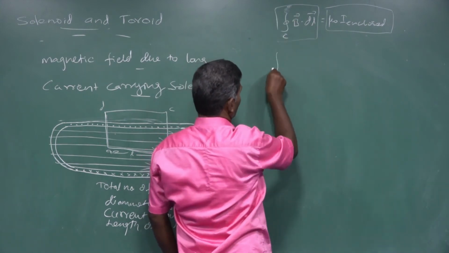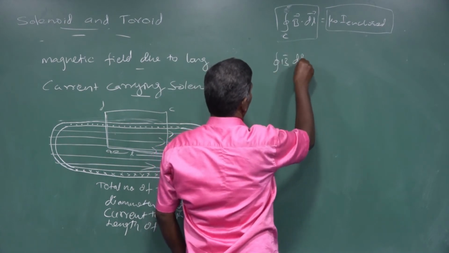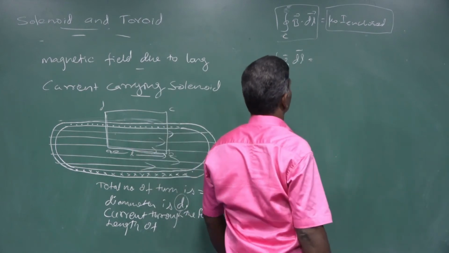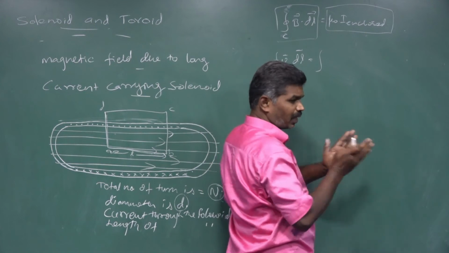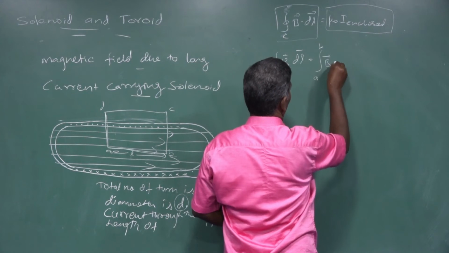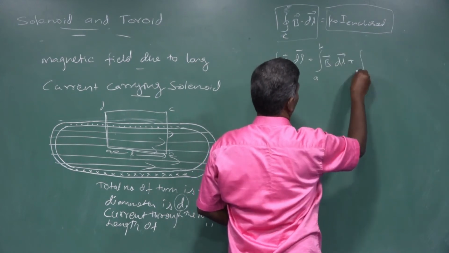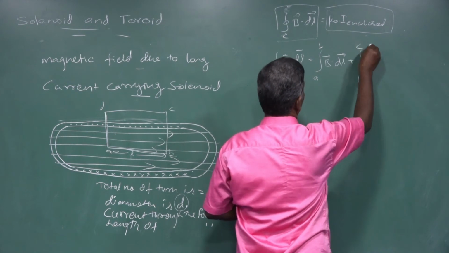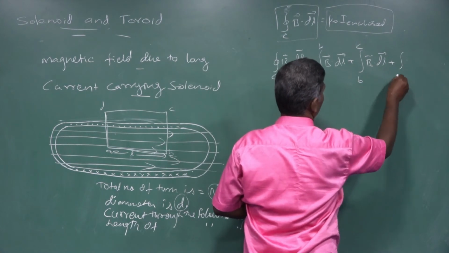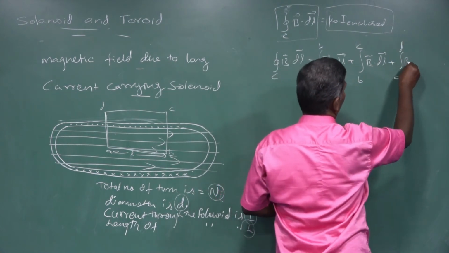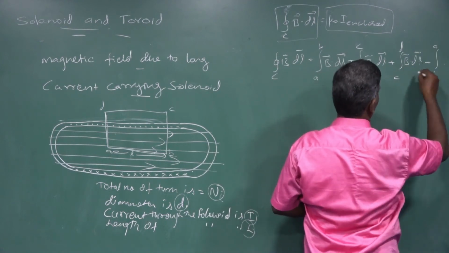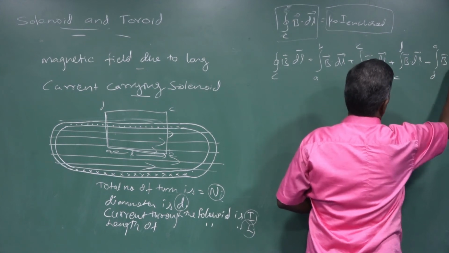The closed integral of B vector dot dl vector is going to split into 4 parts, because the loop is rectangular in shape. That's why we partition it into 4: the integral from A to B of B vector dot dl vector, plus the integral from B to C of B vector dot dl vector, plus the integral from C to D of B vector dot dl vector, plus the integral from D to A of B vector dot dl vector.